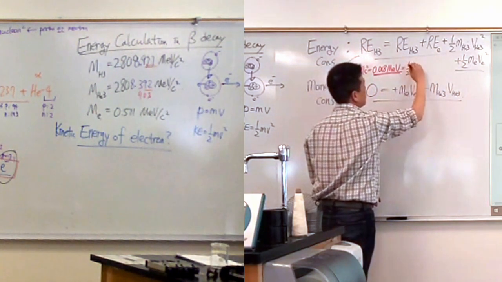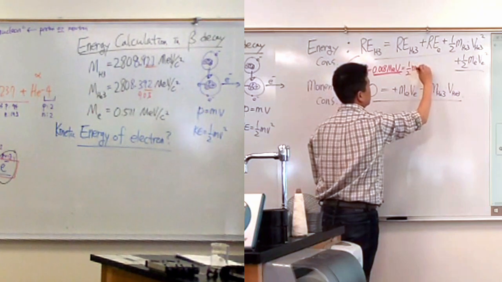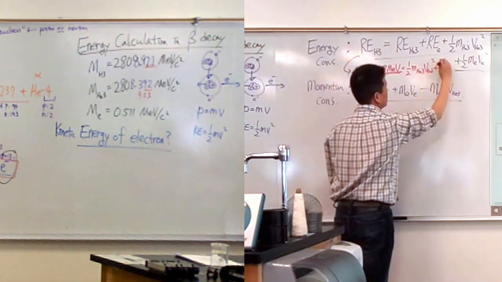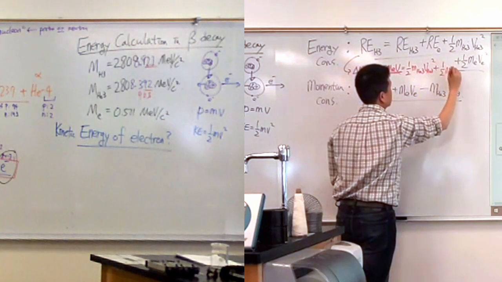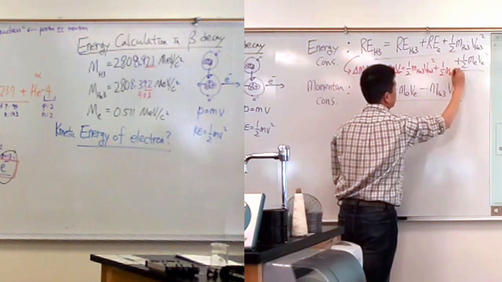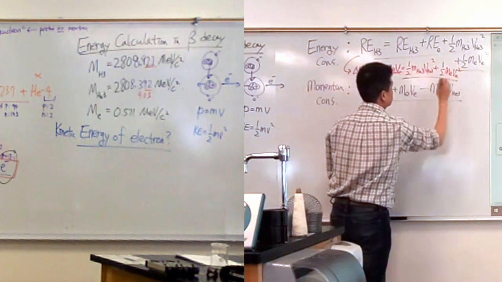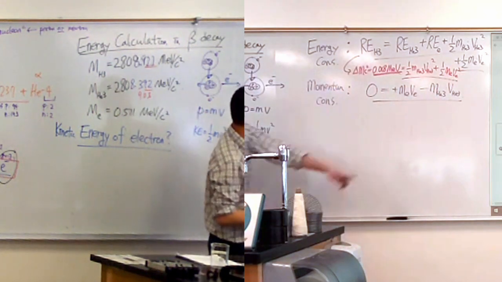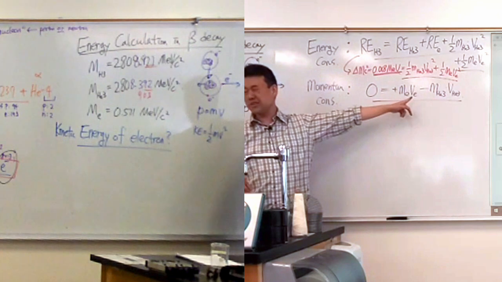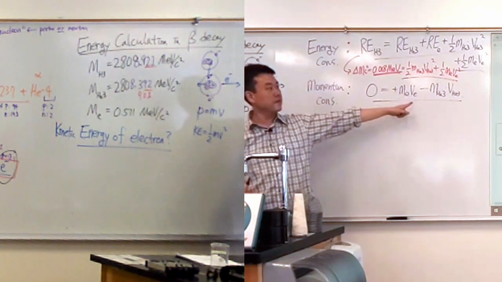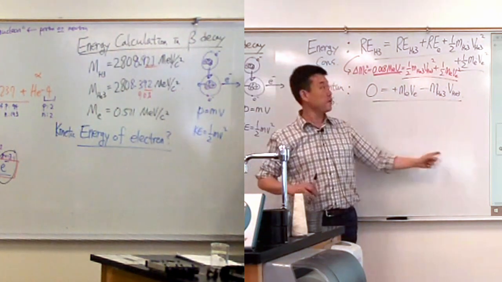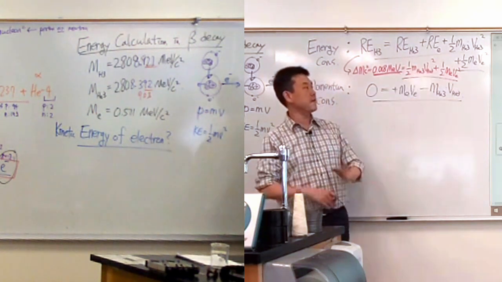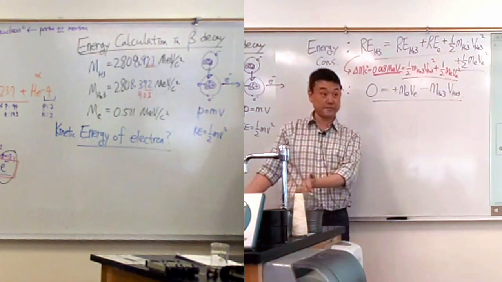So 1/2 m_He3 v_He3 squared plus 1/2 m_e v_e squared. All right. I guess we were interested in the electron energy. So the thing to do is to solve this for the helium velocity, plug it in, eliminate it, and put them in a form so that it's expressed as electron kinetic energy.